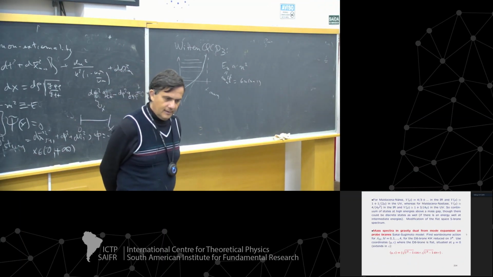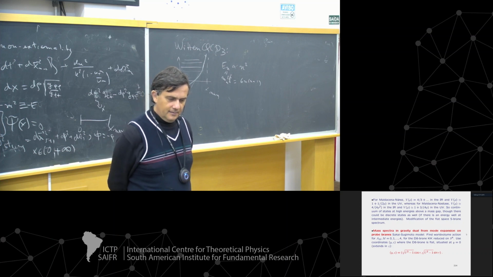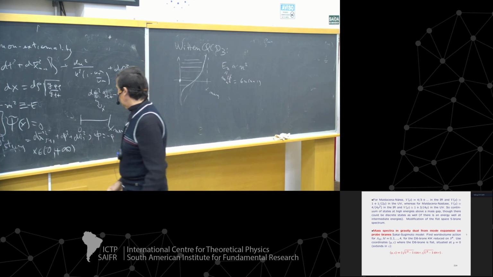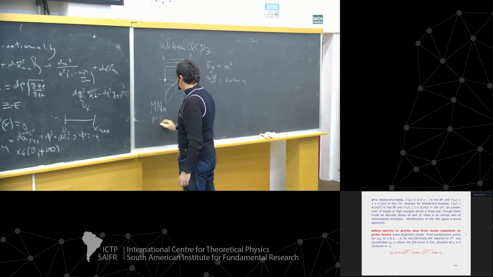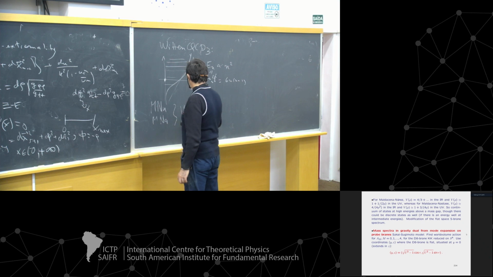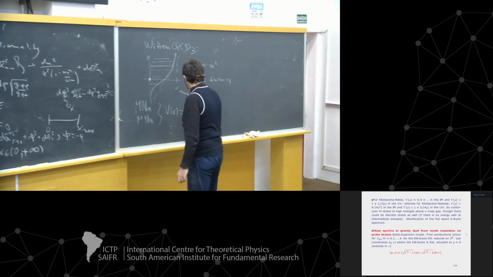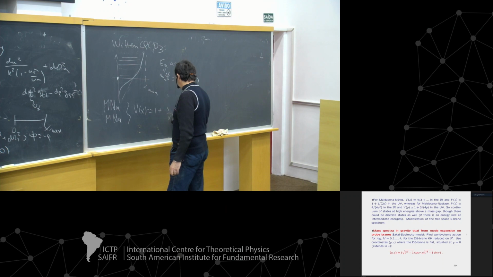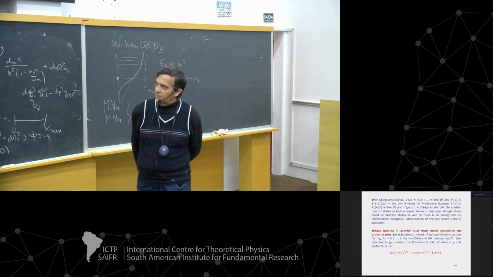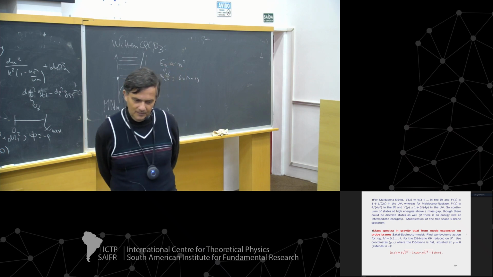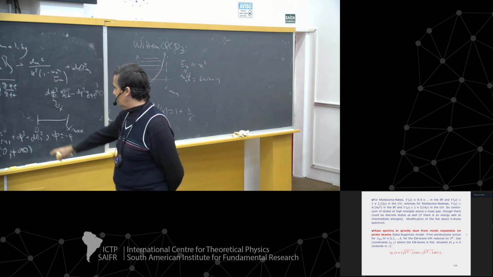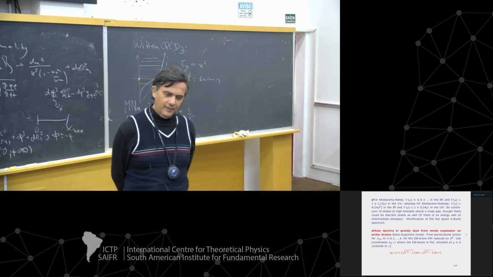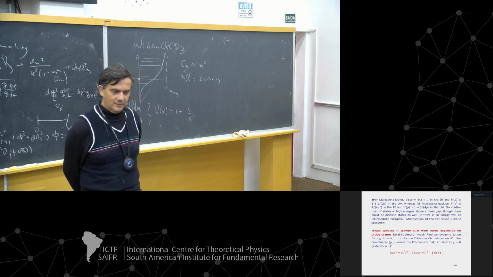And then in both Maldacena-Núñez and Maldacena and myself, you find a potential that is 1 plus 1/x squared. So at infinity, it's still 1, but in the middle it is not. So again, like for the free 5 brane, you find a continuum of states above a mass gap.